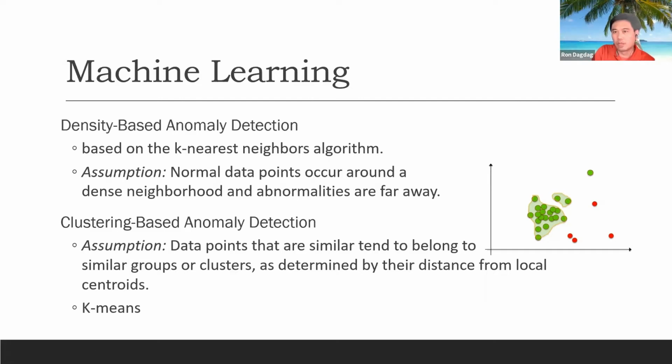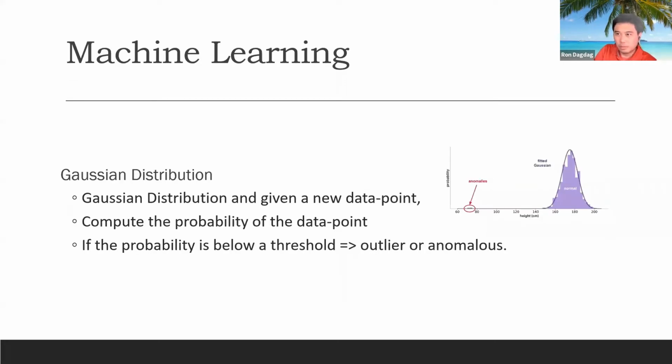And that's when you have the cluster-based, which is using k-means. Another one uses Gaussian distribution, where you get the Gaussian distribution of your data set, and anything that's outside of that Gaussian is considered an anomaly. That's another way.